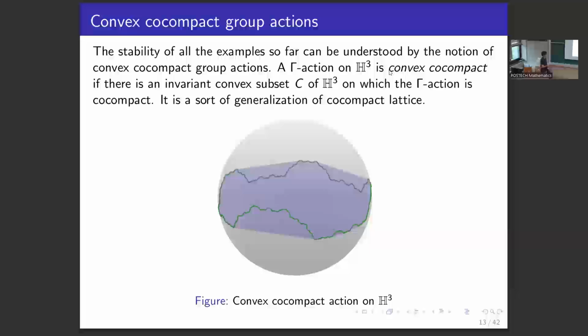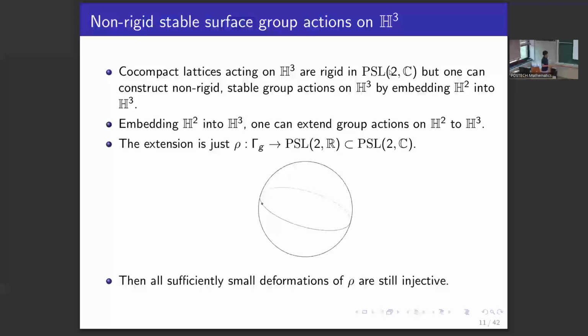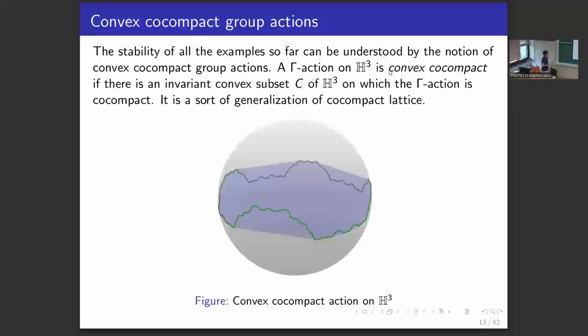Okay, so this picture gives us some idea of the convex co-compact group action. This is a kind of circle, homeomorphic to a circle. Actually, this is a deformation of the function group action. If you start with the function group action and perturb the generators a little, then you can get this kind of group action.